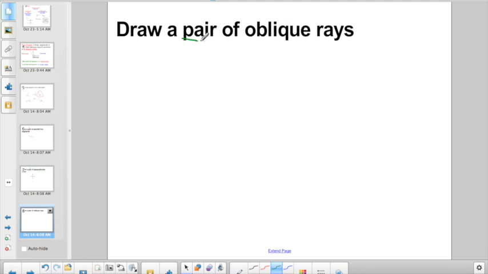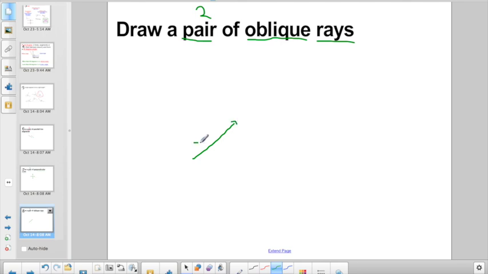So again, a pair means two. Oblique means that they are going to touch, but they're going to touch in such a way that they are not making right angles. And this time, I'm going to use rays. So I'm going to start off making one ray. He only has an arrow on one side.